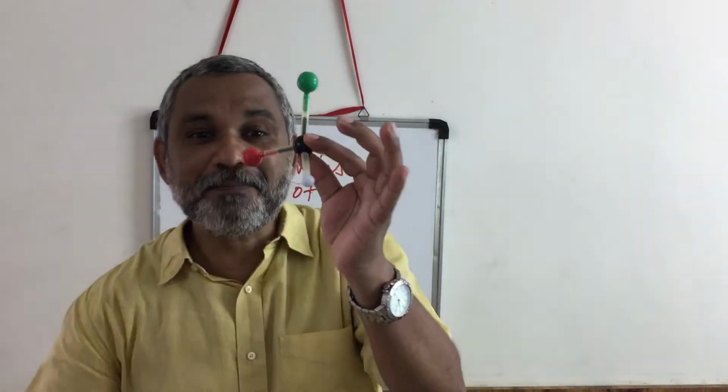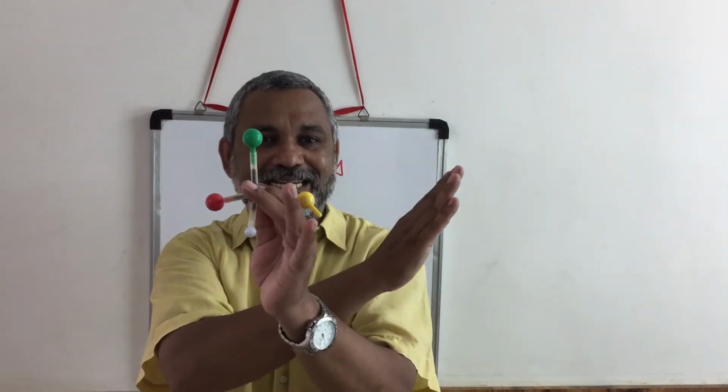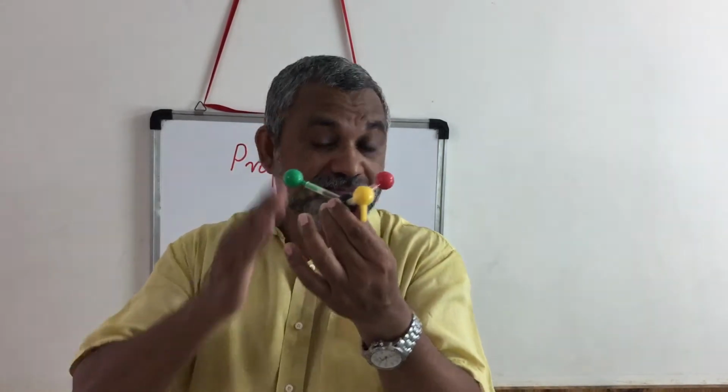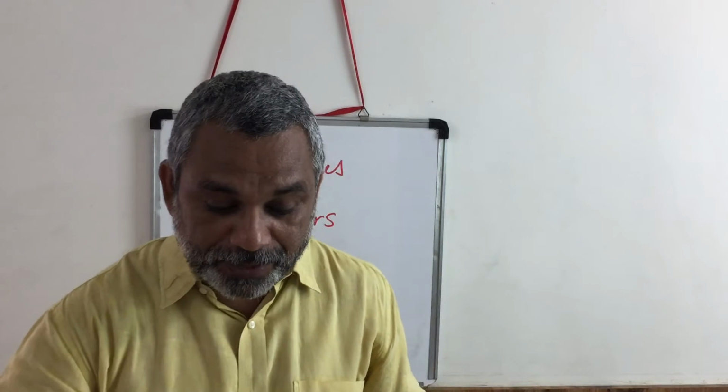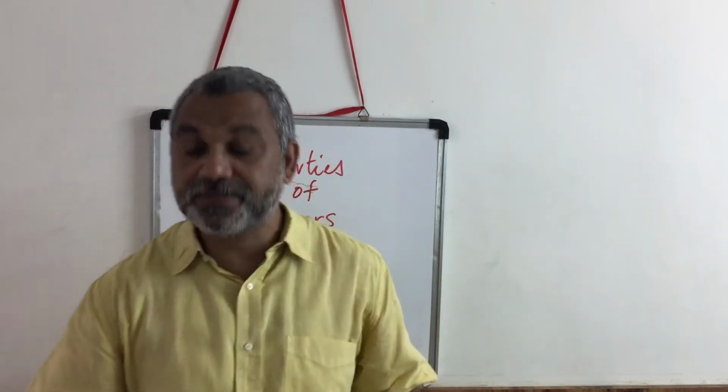Now, if you make a plane, this side will not be the same as this side. However you make a plane and divide this into two, the right hand side will not be the same as the left hand side. So we say that this is asymmetrical.